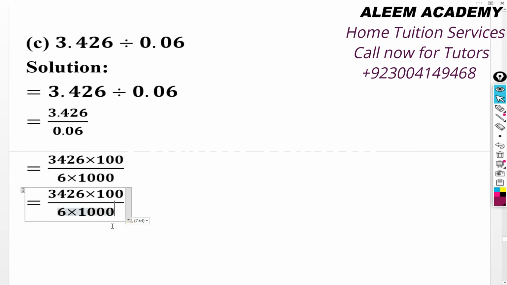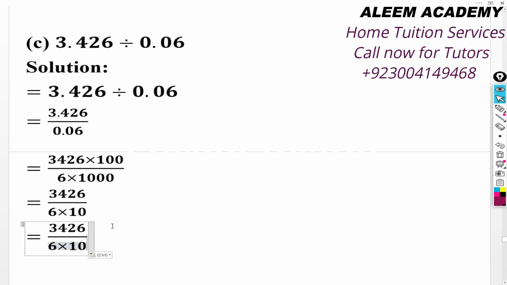Simply divide these numbers with 100. 100 ones are 100 and 100 tens are 100. Simply multiply this 6 with 10, answer will be 60. And now just cancel them.